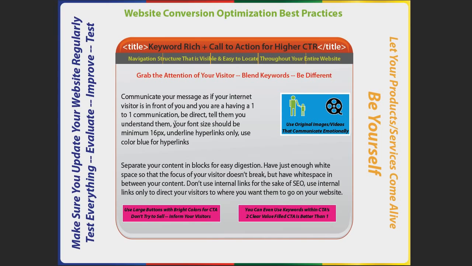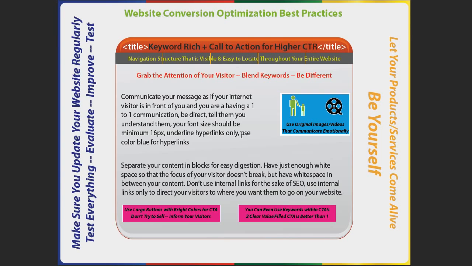Now, do not utilize small text. Okay, minimum text size should be 16 pixels, okay, for user experience. Do not underline other text. Okay, don't put underline here. Underline should be done for hyperlinks, because that's just a common good web design principle.